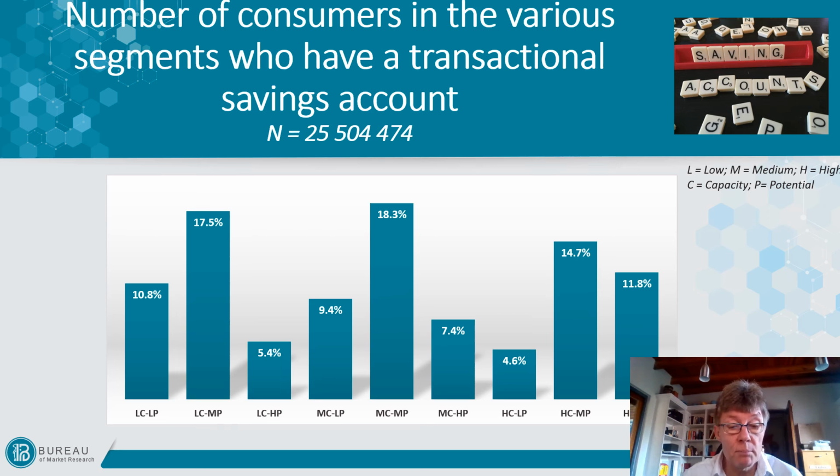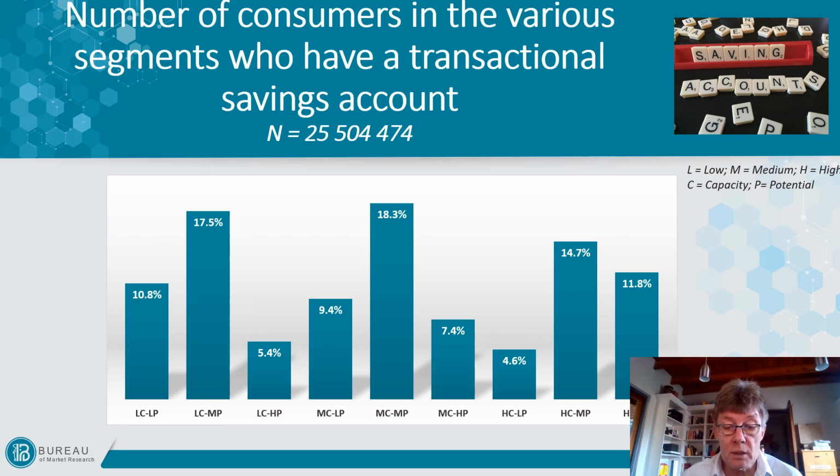And we find, for example, here that even your low consumption capacity and your middle consumption capacity consumers have transactional accounts, and this is especially because of the large presence of a lot of volume market financial service providers that have come into the market during the past 2 decades.